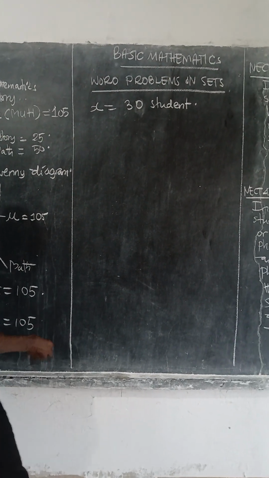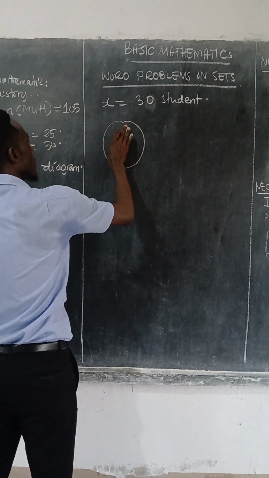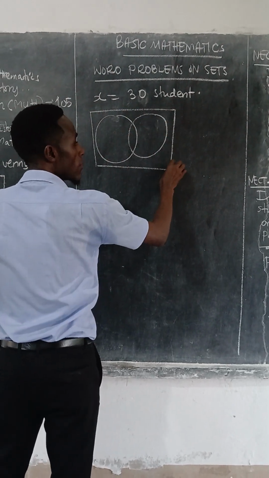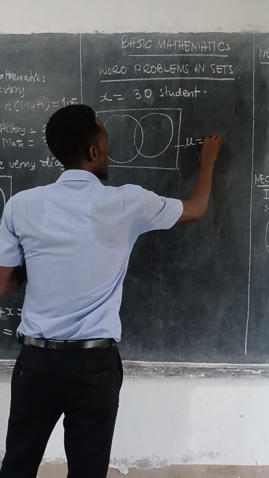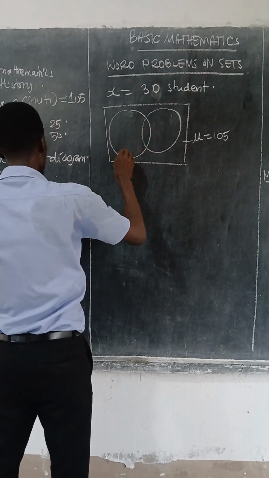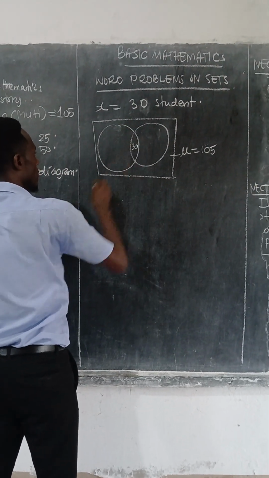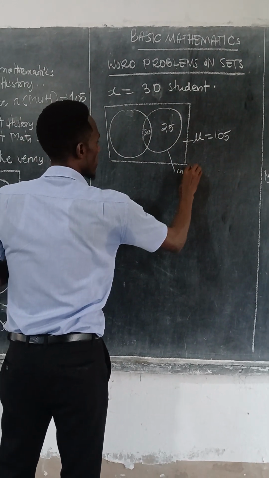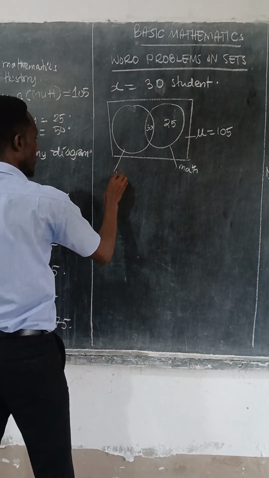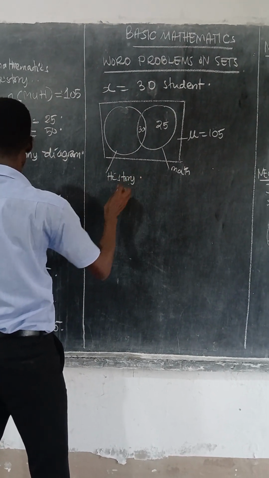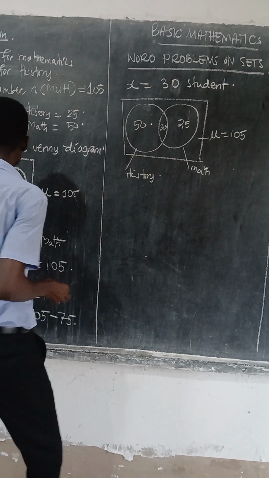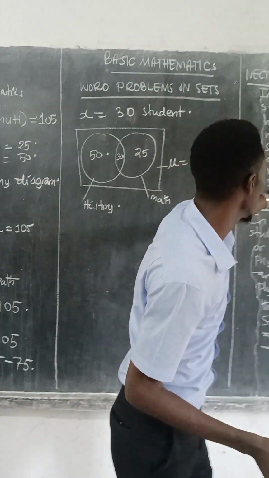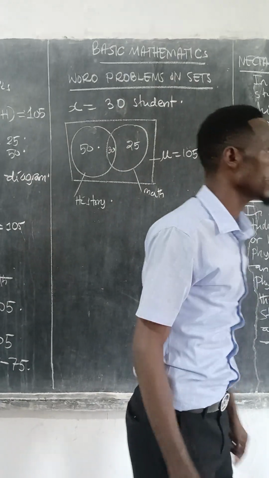Now when you want to redraw this, you redraw like this. The total number of students is 105, and now we have got the value of x, which is 30. Here is 25 for math, here is history, and here you have 50. So look at the question now: determine the number of students who study basic mathematics.